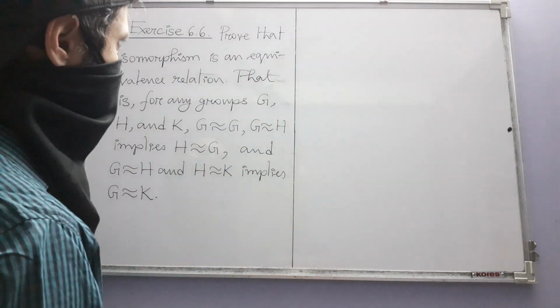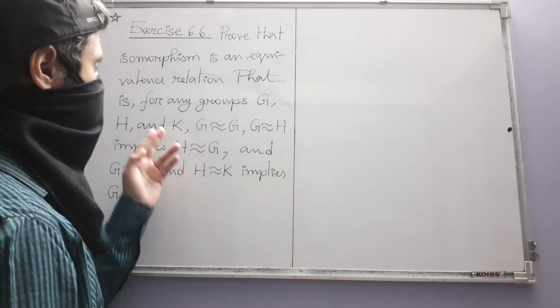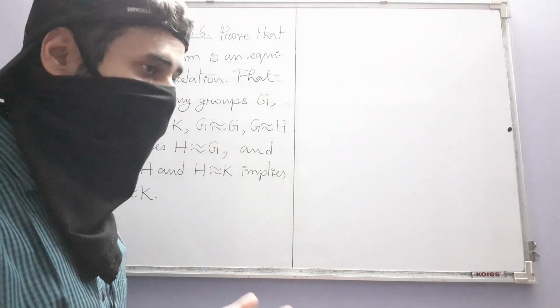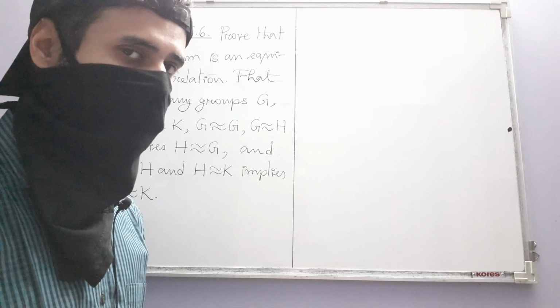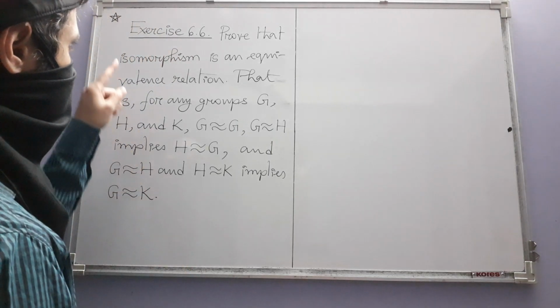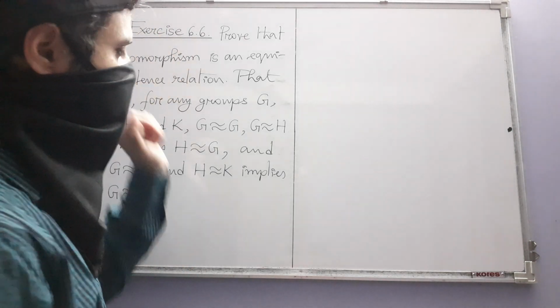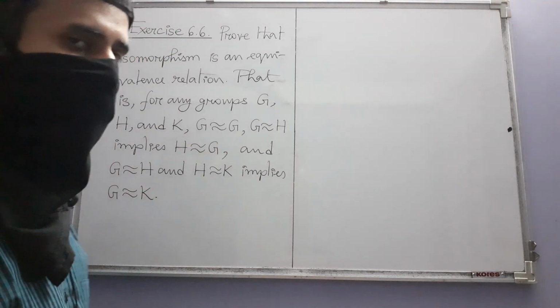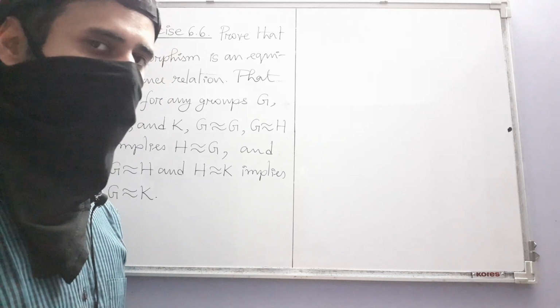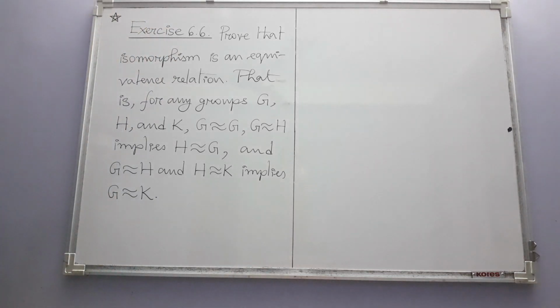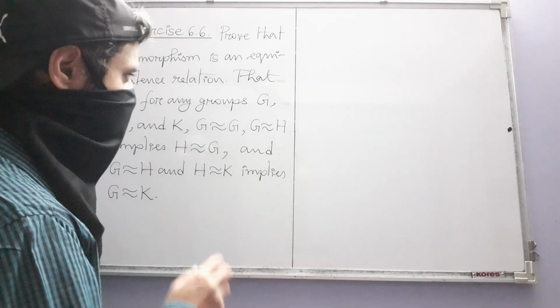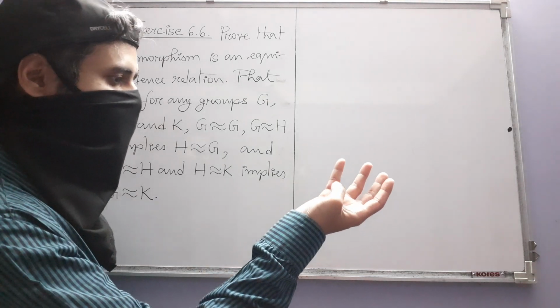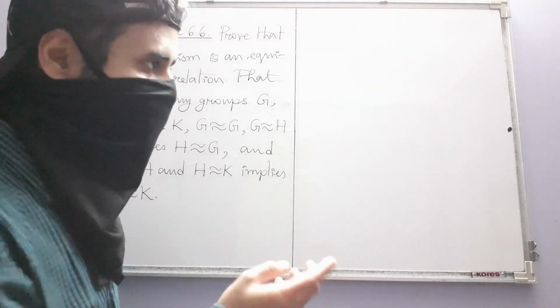Here we have to prove that the relation of two groups being isomorphic to each other, that is, the relation brought about by the notion of isomorphism, is an equivalence relation on the class of all groups. So that means we have to show that the relation is reflexive, symmetric and transitive.